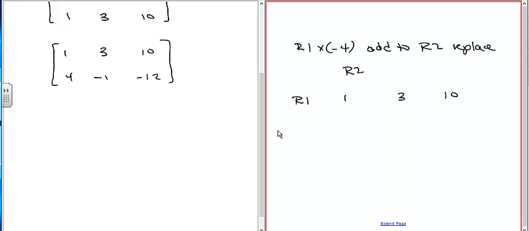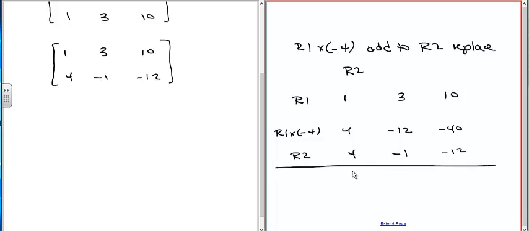Okay, then we'll take row 1 times negative 4, so that's negative 4, negative 12, negative 40. So each one of these numbers multiplied by negative 4. Then we'll write down row 2, which is going to be 4, negative 1, negative 12. We're going to add those together. Something's wrong here. It should be negative right there.